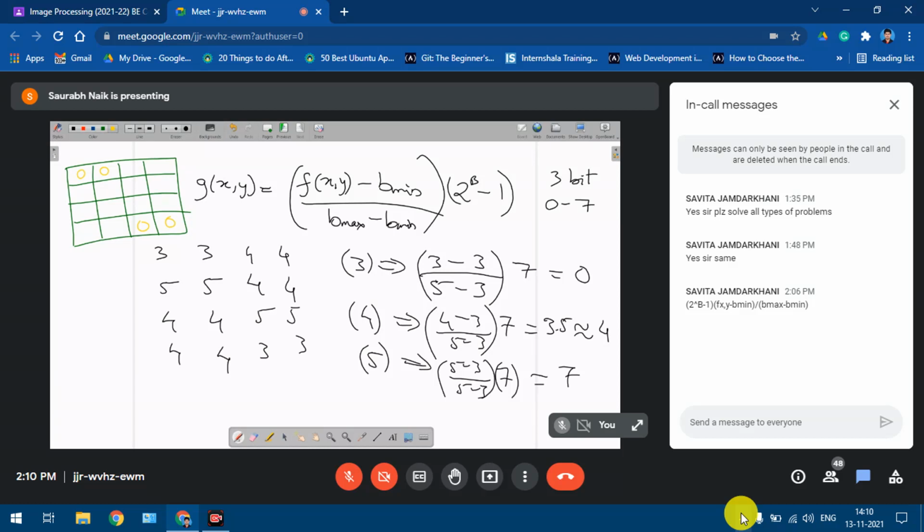So level 4 is on the corners. So 4, 4, 4, 4, and these 4 pixels. And gray level 5 is mapped to 7. I have 7, 7, 7, 7. So your final image after contrast stretching will look something like this.